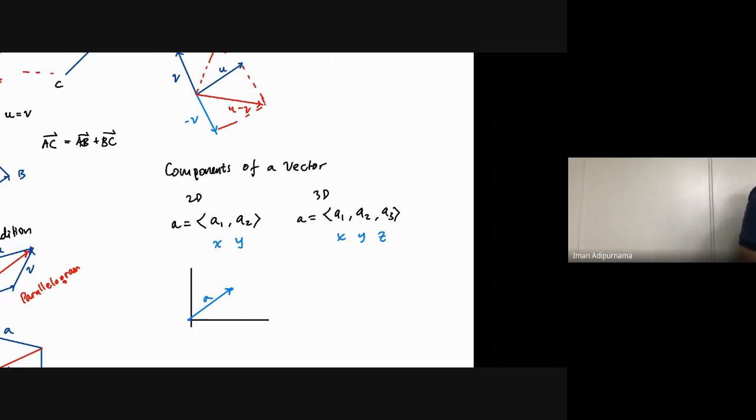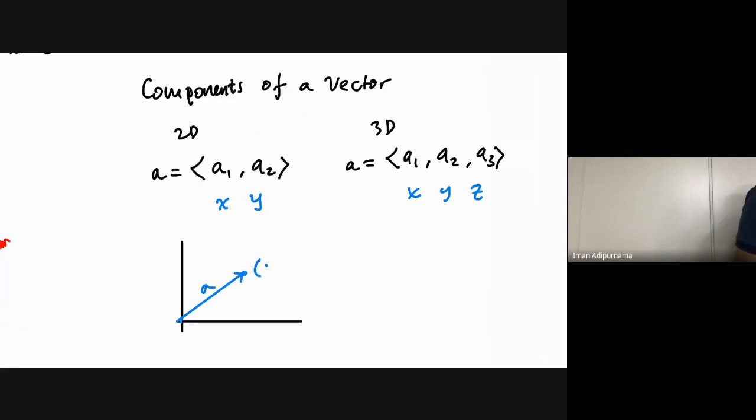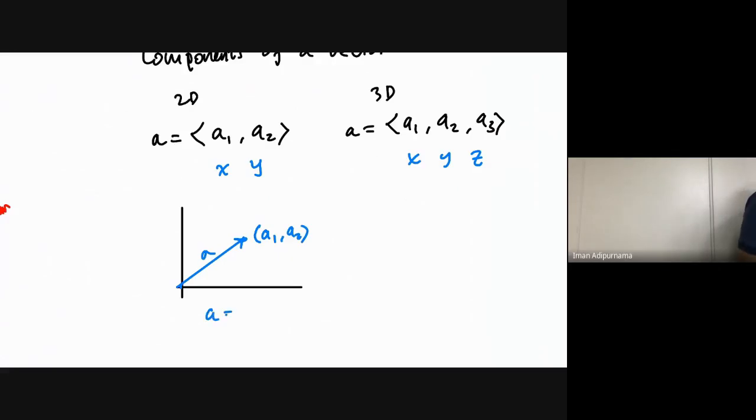Let me write it more clearly. So A1, A2, the coordinates. And A itself is, notice I write different brackets here and here.